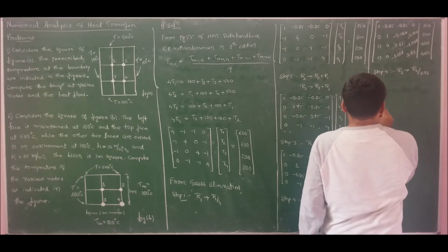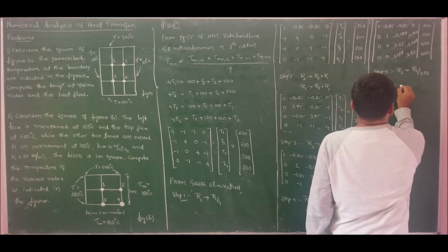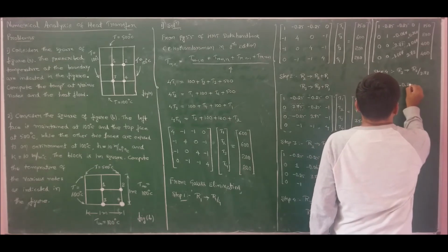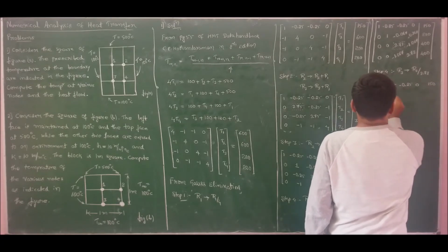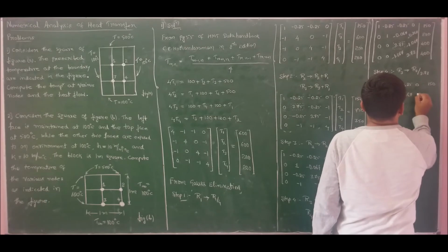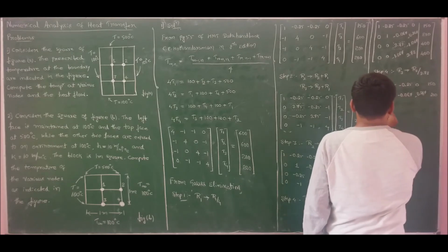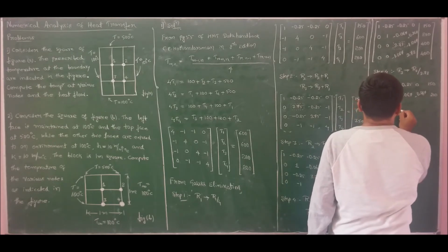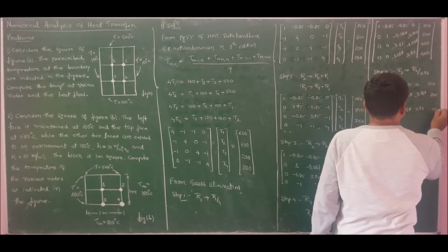So I will get 1, minus 0.25, minus 0.25, 0, 150; 0, 1, minus 0.067, minus 0.267, 200. Row 4 I am not doing anything, so I will write it as it is: 3.73 and 400.